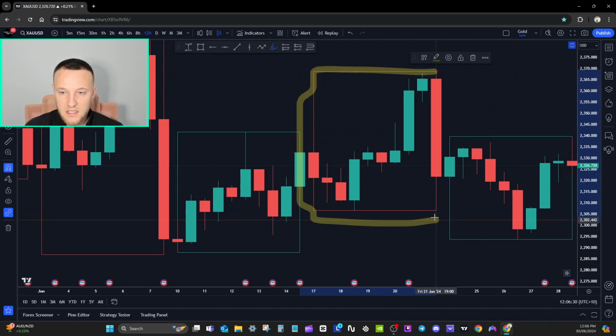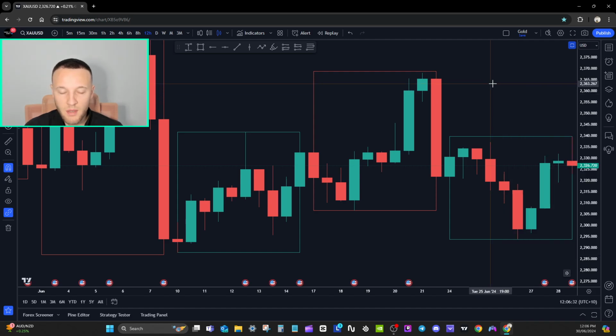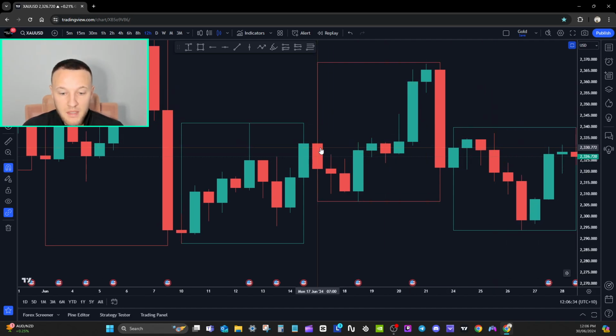The previous week price action right here within this box. And if we go to Monday, which is right here, the first candle on Monday closes bearish, and the second 12-hour candle continues bearish after the close by about 110 pips, right?